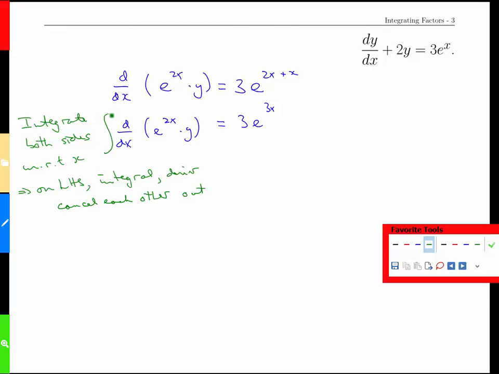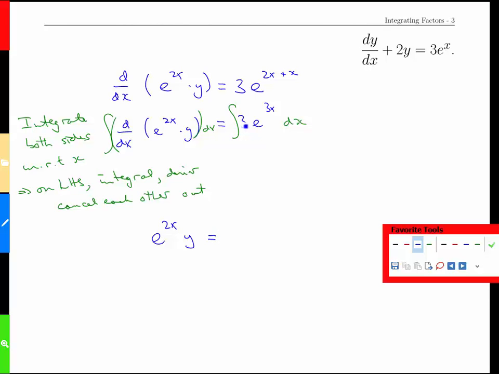So when we slap an integral sign in front of here and integrate that with respect to x, I had a function, I differentiated, then I integrated, I get back to where I started. On the right-hand side, it won't be quite so simple, but it'll be a fairly straightforward integral to evaluate. But the key thing is when we integrate the left-hand side, we just end up with e to the 2x times y. The derivative and the integral are inverses.